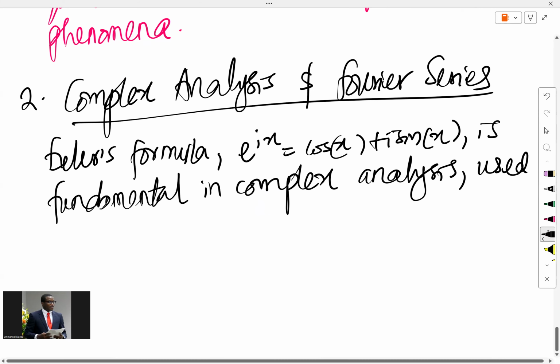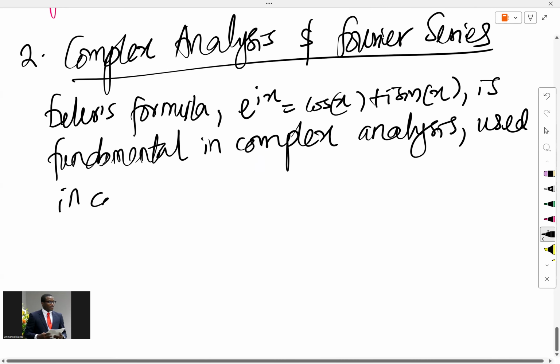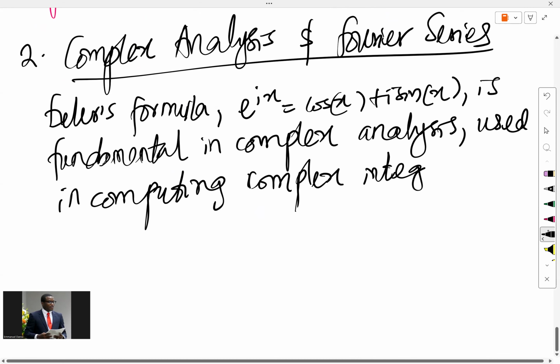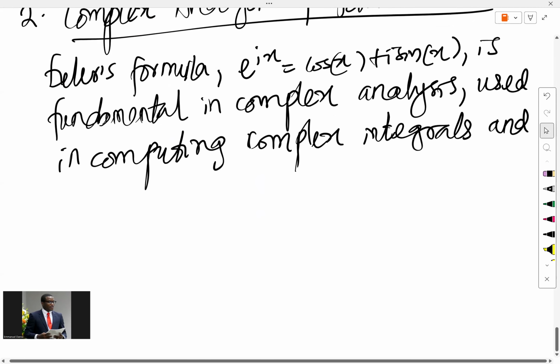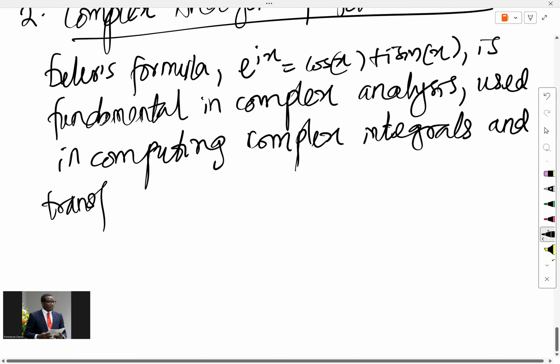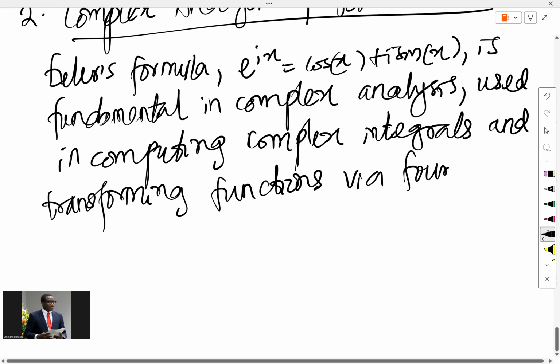It is used in computing complex integrals and transforming functions via Fourier series.